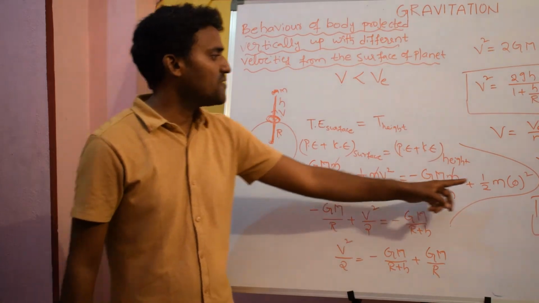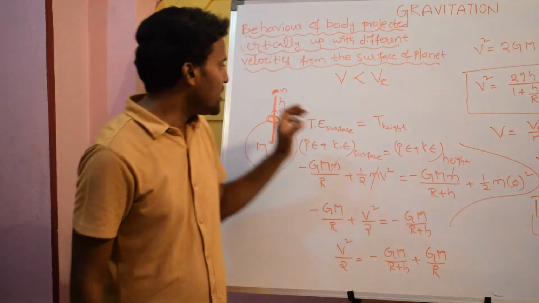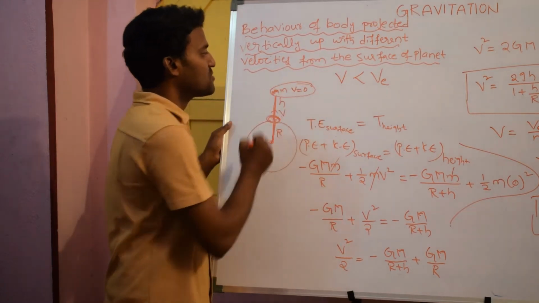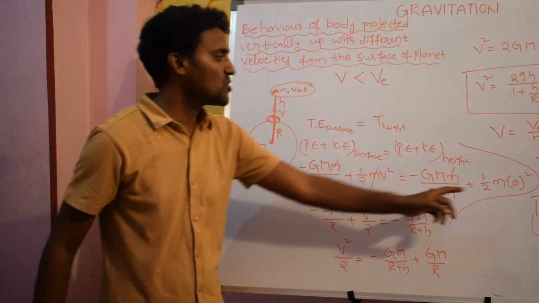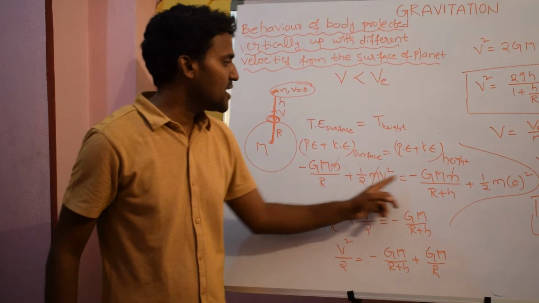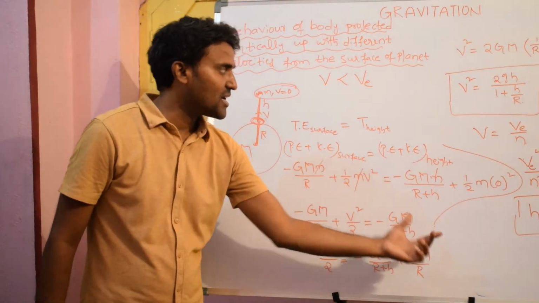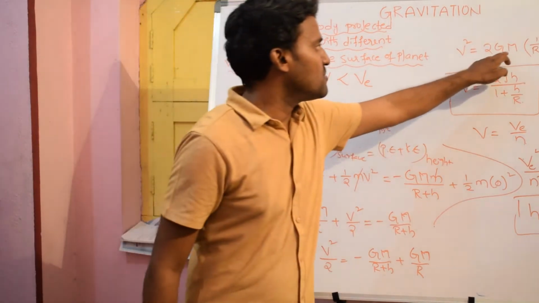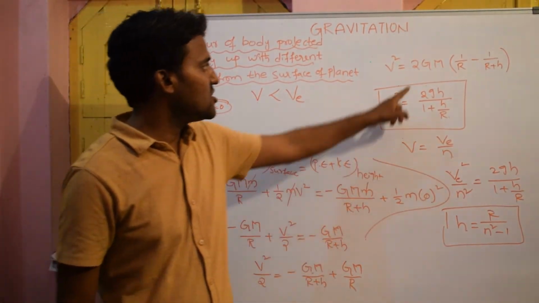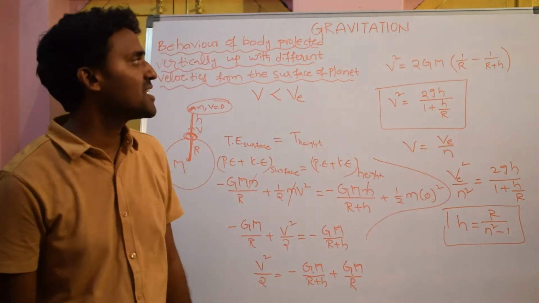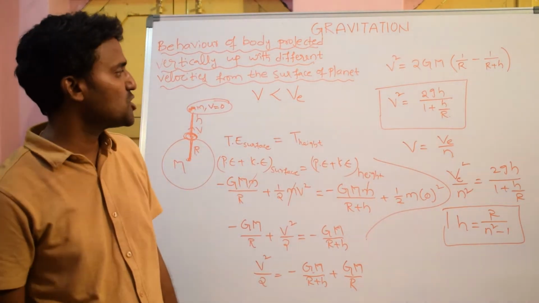Kinetic energy is half m v square. At maximum height, velocity will become 0. Both sides, the mass, if I take the common, gets cancelled. This GM by r I take to that side, and the 2GM as well. Taking GM common, I got v square equal to 2gh divided by 1 plus h by r.